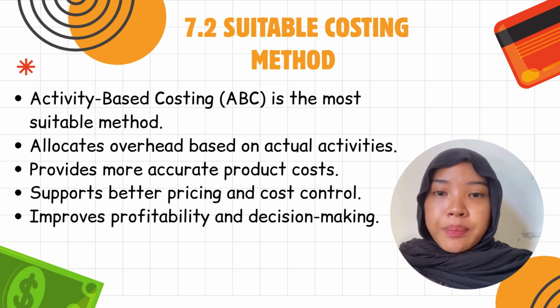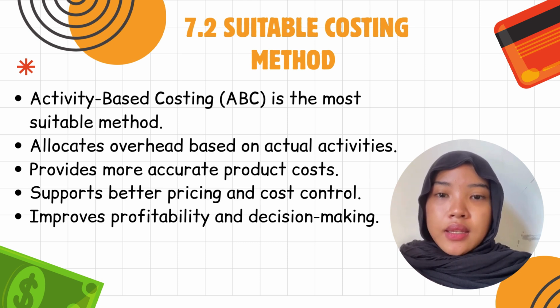This allows the company to calculate product cost more accurately. As a result, management can make better pricing decisions, improve cost control, and identify activities that add unnecessary costs. Overall, ABC helps the company improve profitability while supporting better decision making.